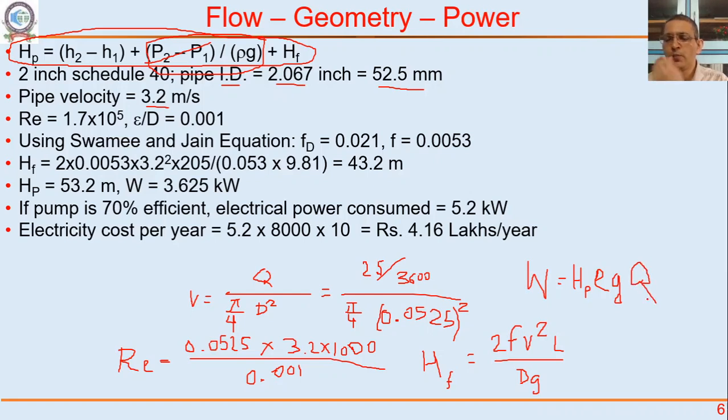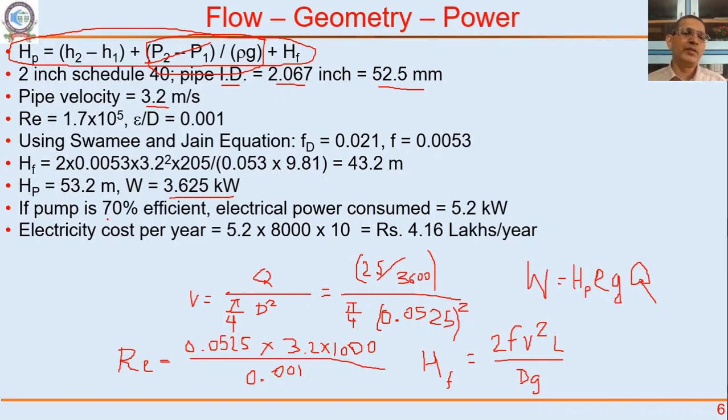Q is in meter cube per hour. You have to convert that to meter cube per second, like this. This is meter cube per second. Okay. HP is 53.2, rho 1000, g 9.81, Q 25 divided by 3600. So you will get power as 3625 watts. Divide that by 1000, you will get it as 3.625 kilowatts.